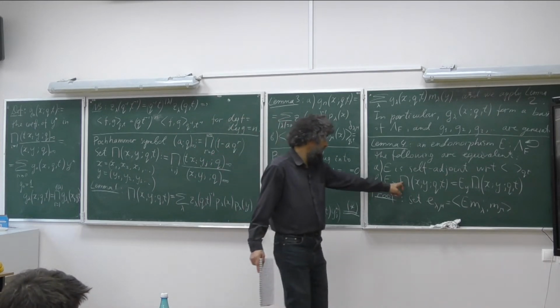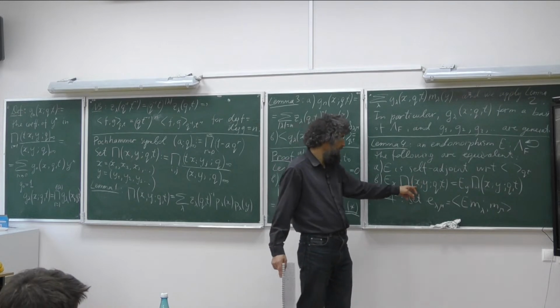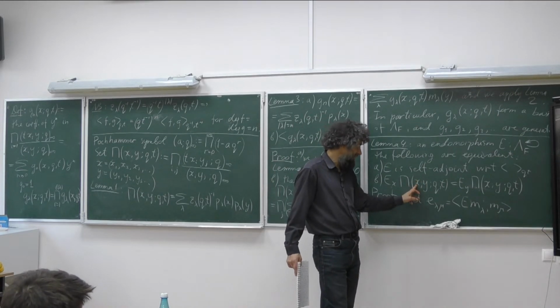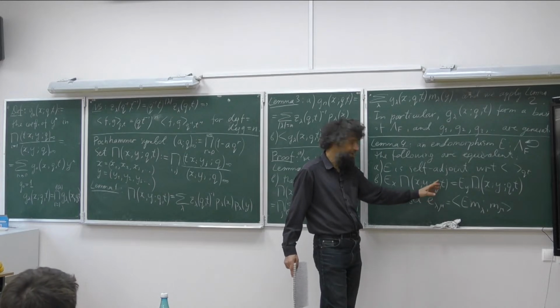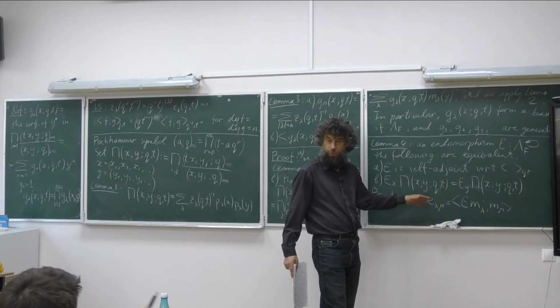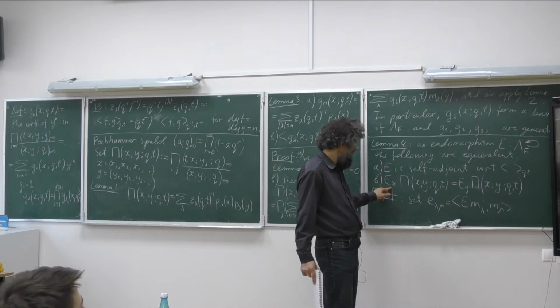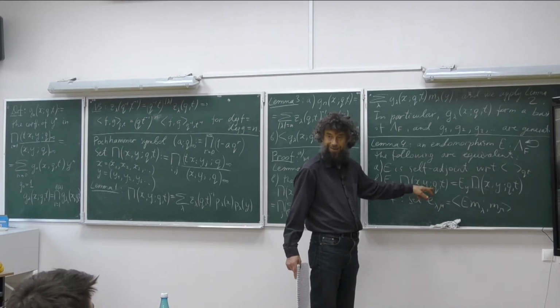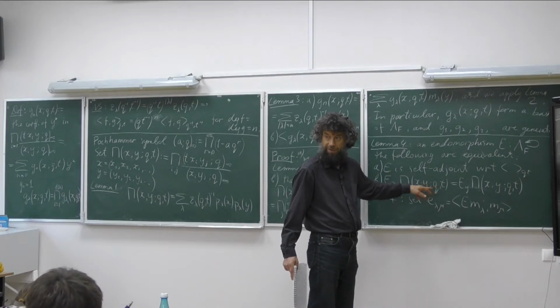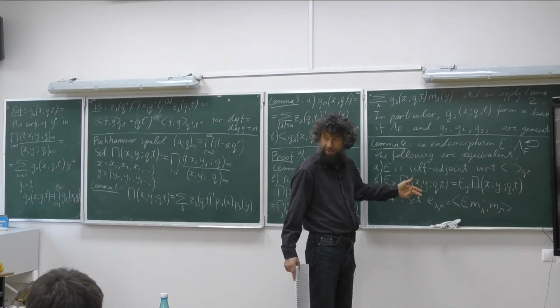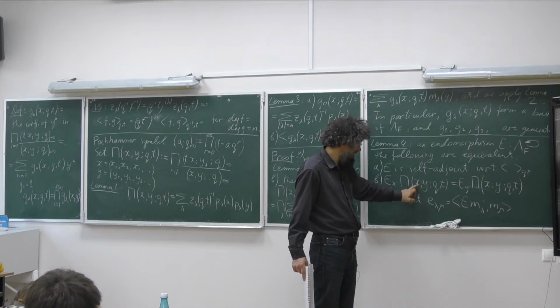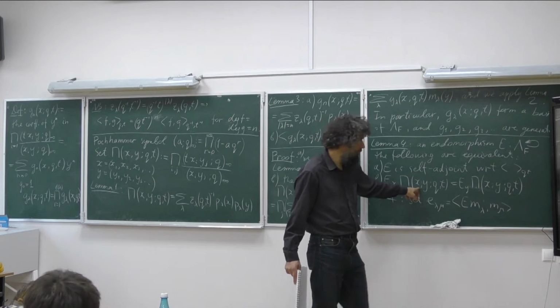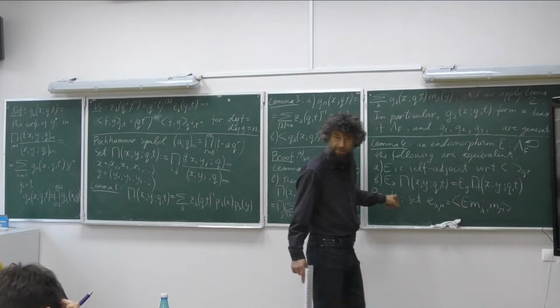Well, this product is a symmetric function in two sets of variables, in x1, x2, and so on, and y1 and y2, and so on, right? So it's an element of lambda x tensor lambda y, over F. And we apply this operator to the x part of the tensor, or to the y part of the tensor, and this is the same.